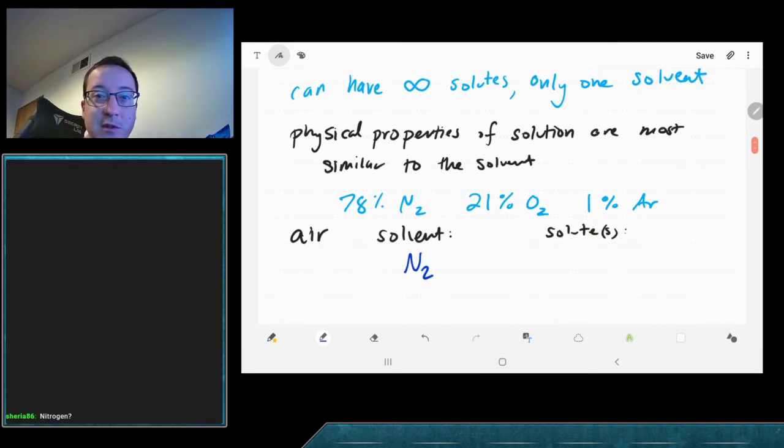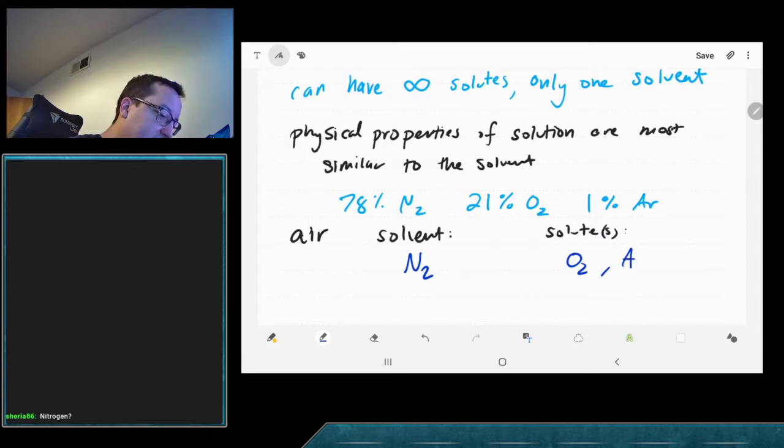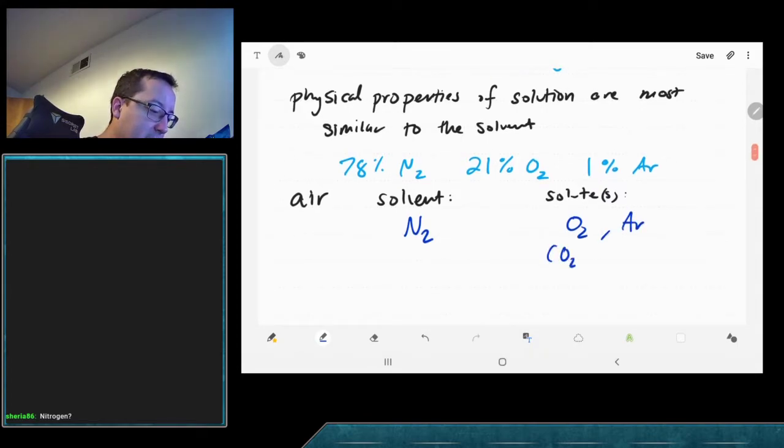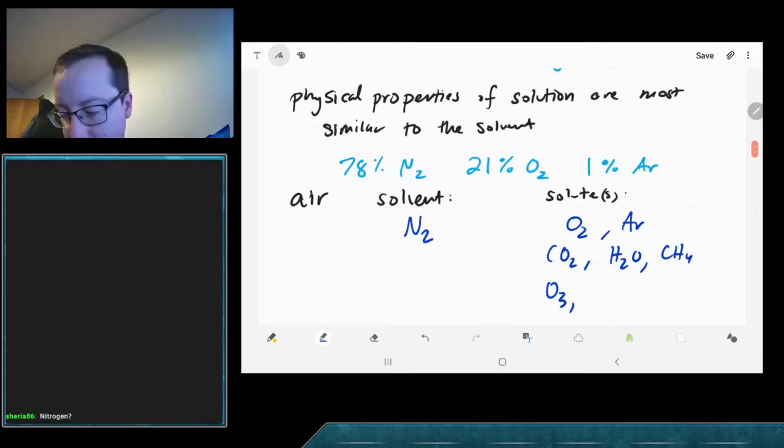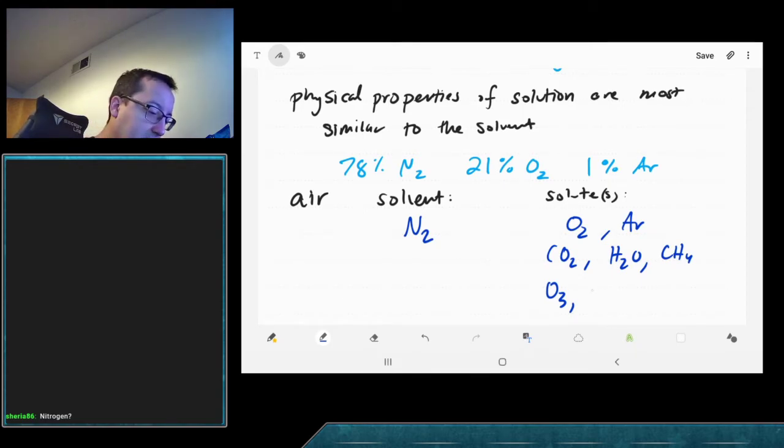So 78% of air is nitrogen, so therefore nitrogen would be our solvent. And therefore our solutes are going to be everything else. So that could be oxygen, it could be argon, and it could be all those other trace gases as well. It could be carbon dioxide, water, methane, ozone, whatever. You could have tons of solutes. So any of these random other molecules in there would fall under this category. Maybe there's some ammonia too. Why not?